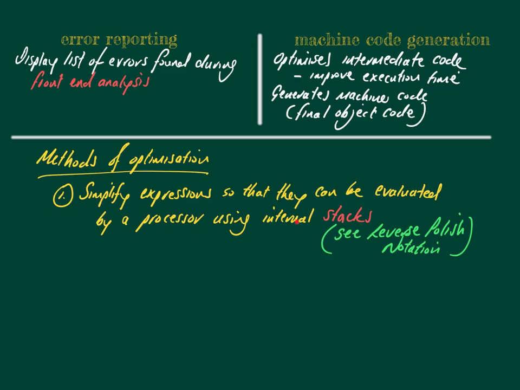One of those registers is an internal stack. And so we're going to be looking into something called reverse Polish notation in a separate video, and that will show you how to turn a traditional expression, which is called an infix expression, into reverse Polish notation, which makes it easier for a processor to understand.